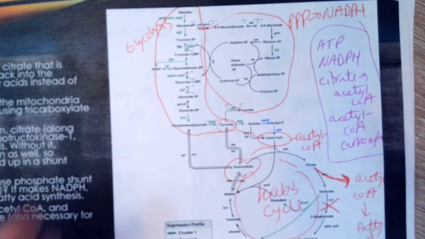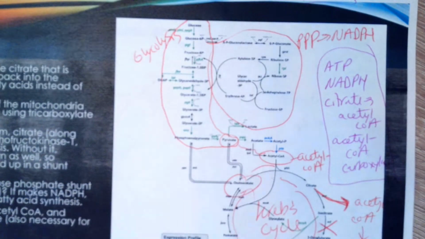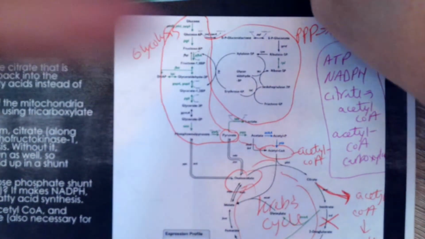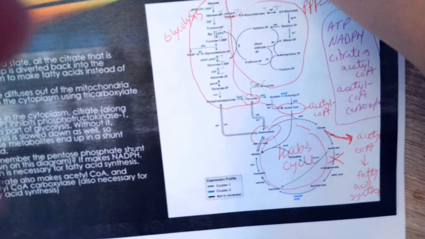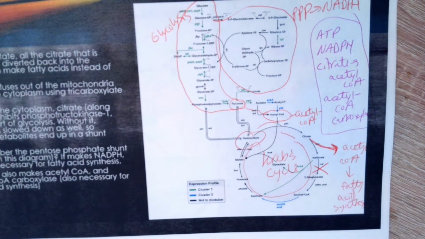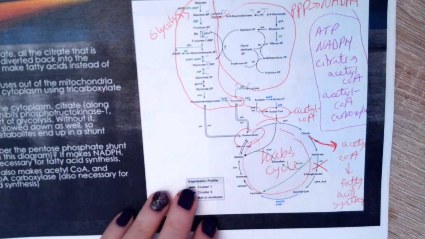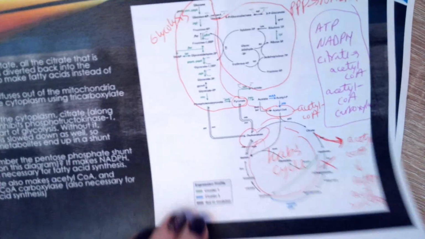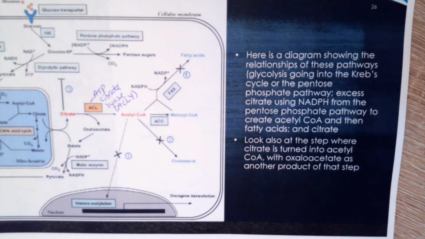And all of these situations combined are what allow us to start making our fatty acids. So all of that has to come together when we want to do fatty acid synthesis, so making fatty acids.